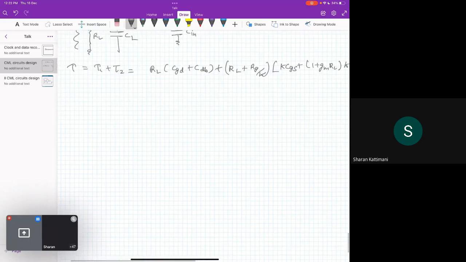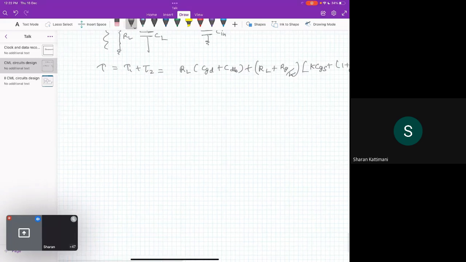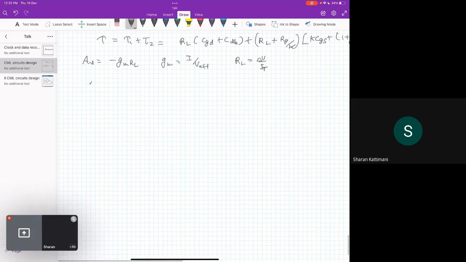Okay, so let me directly write the final thing. The gain is given by minus gm RL, and gm is nothing but I by V effective, and RL is also delta V by I, the swing divided by current. So the gain is nothing but delta V by V effective.